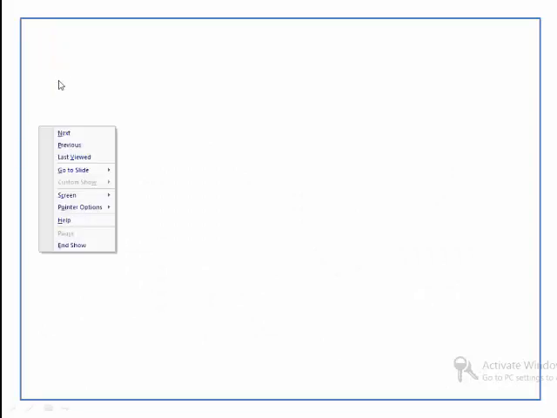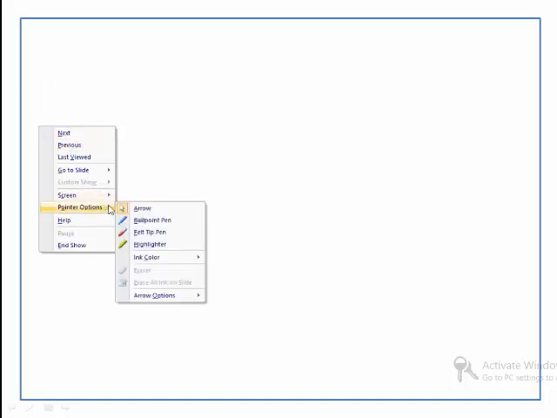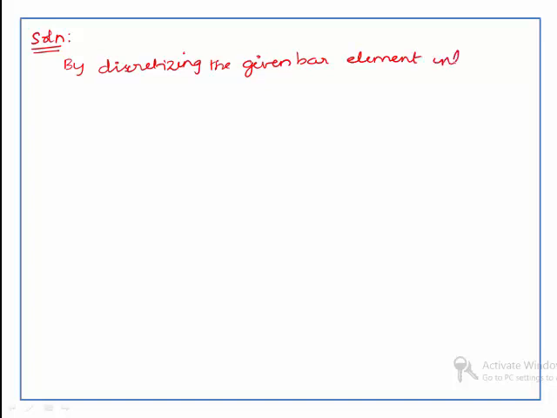So we can start the problem by discretizing the given bar element into two subdivided elements.